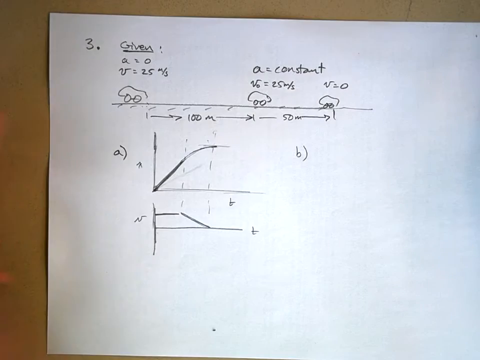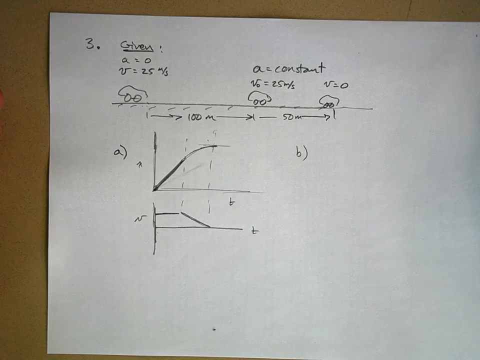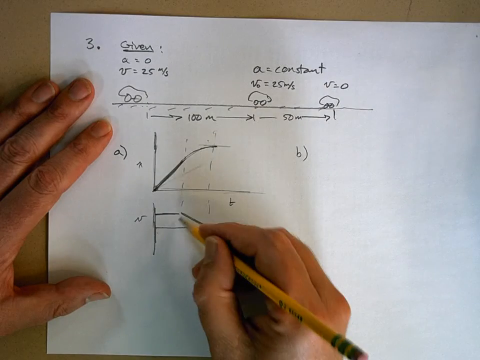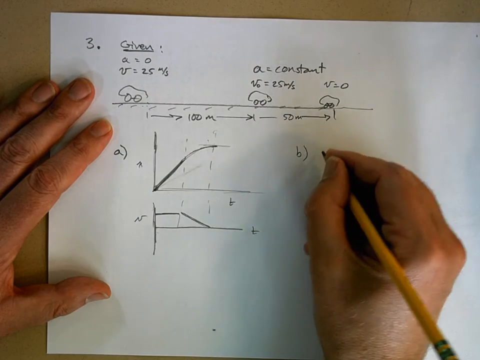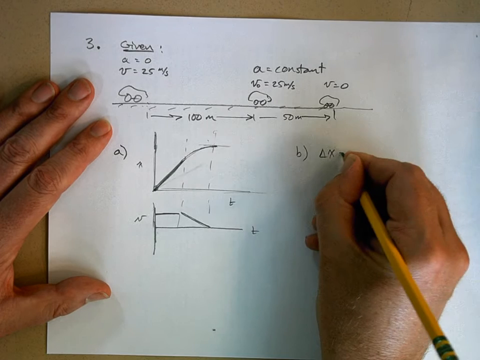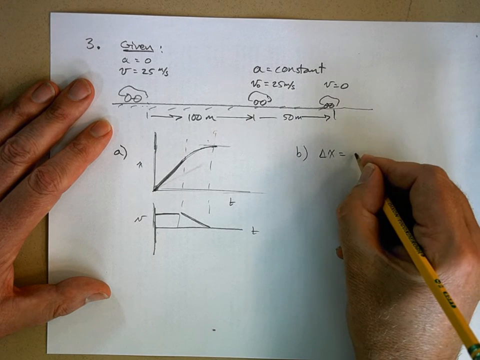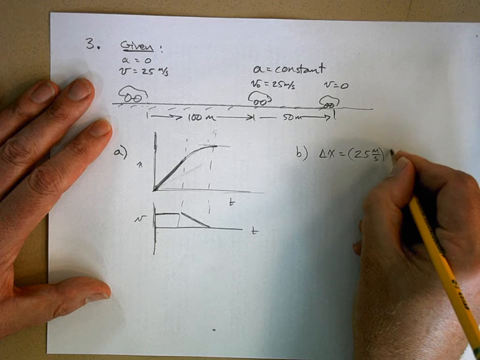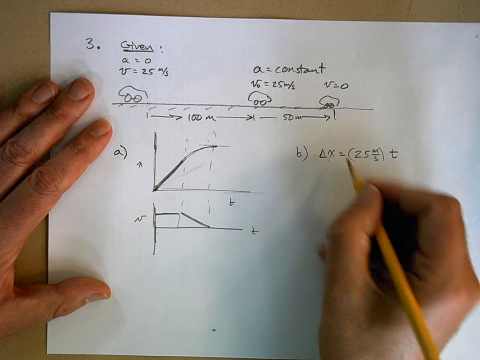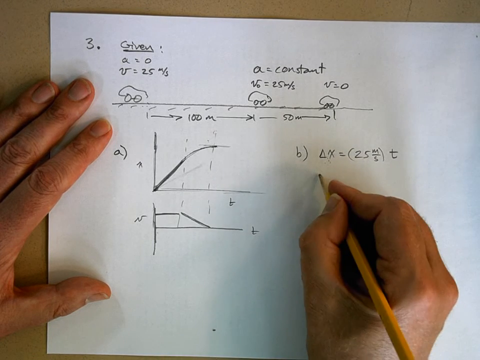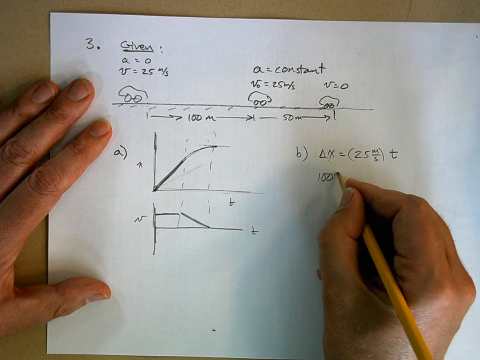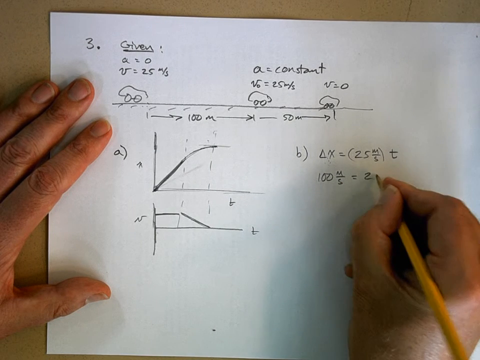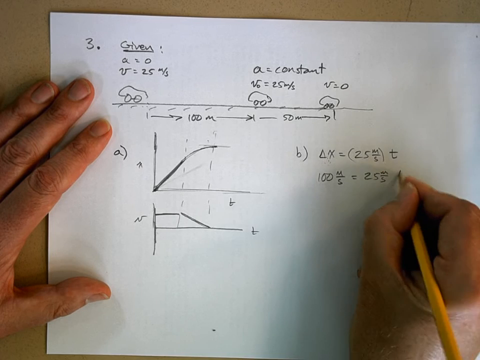So for part B, how long does it take for the car to travel the first 100 meters? Well, it was going 25 meters per second, so delta x will be equal to the velocity, 25 meters per second, times time, right? But I know this is 100 meters equals 25 meters per second times time.